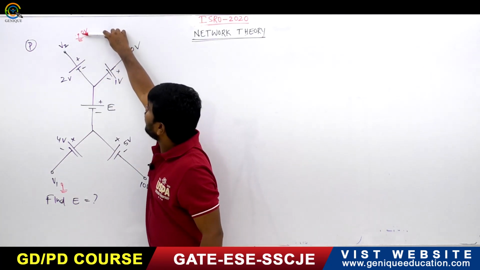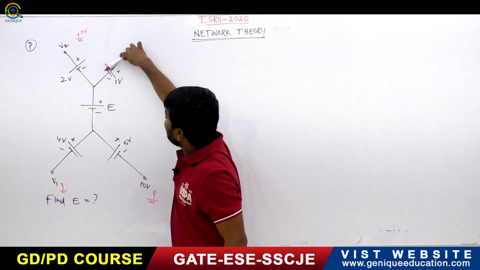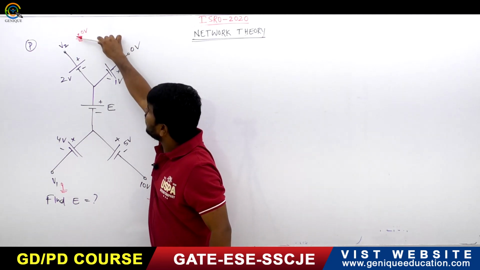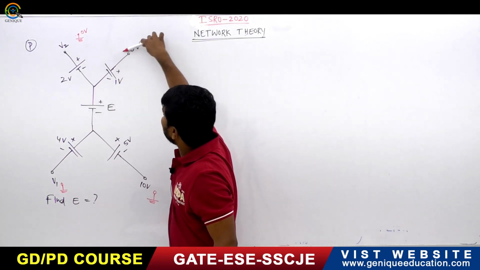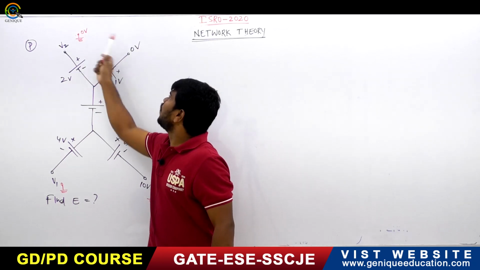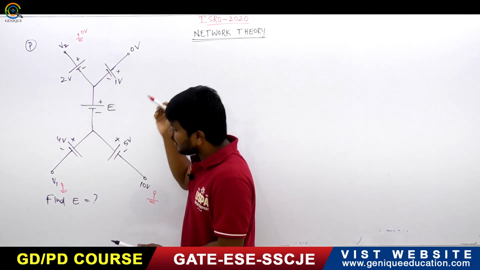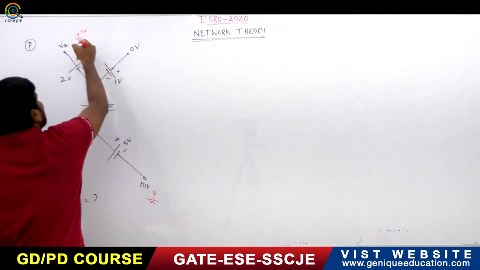Or the current may start from here and end at here, or start from here and end at here. It is 0 volts, which means these two are at the same point. So that's why this one will become one loop.